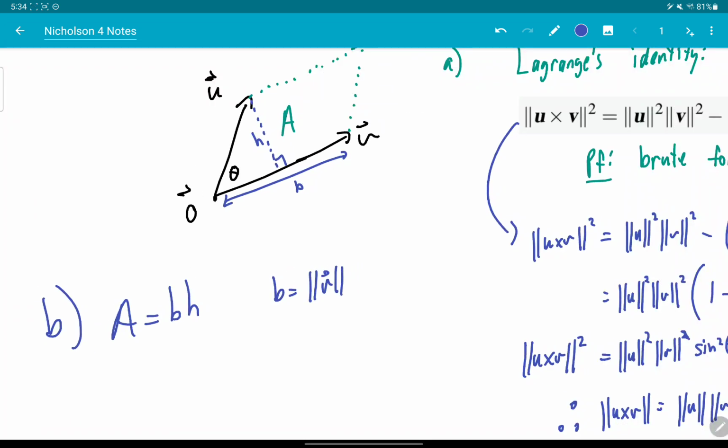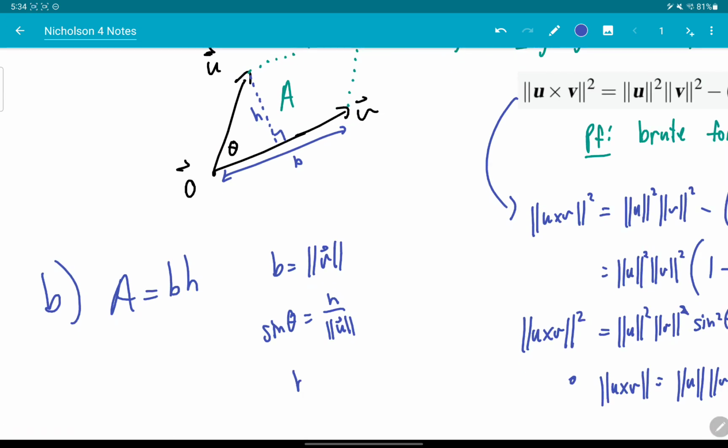And then if I think about sine of theta, looking at this triangle here, sine of theta is opposite over hypotenuse. So h is the length of u times sine theta.